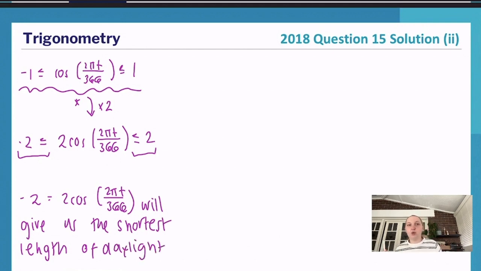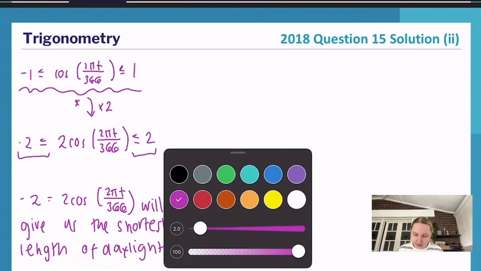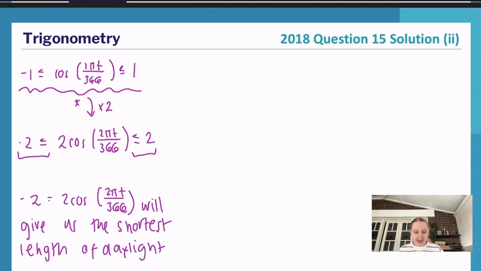Right? Because -2 will be our low point. And our lowest point is where we're going to find the shortest length of daylight. So then the next thing we want to think about is solving, right? We want to solve for 2 cos 2 pi t on 366 is going to give us -2, right?